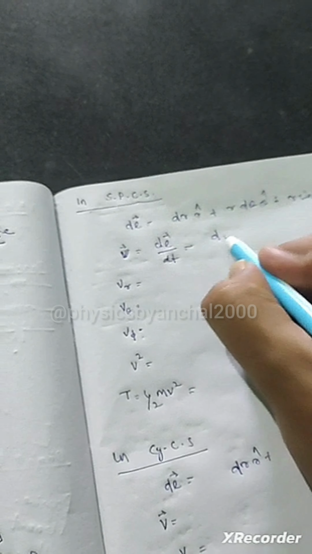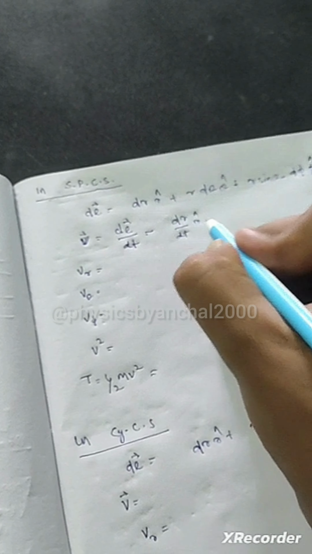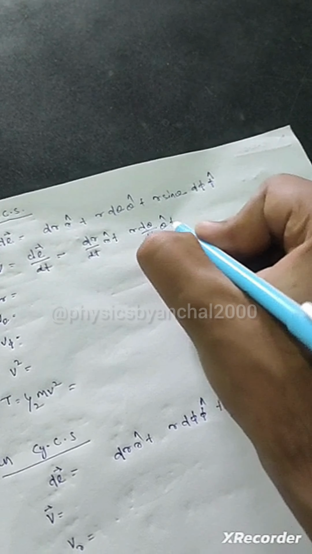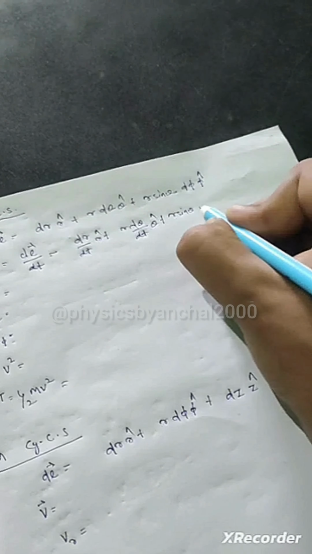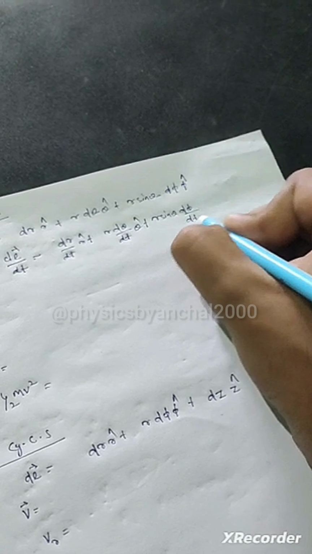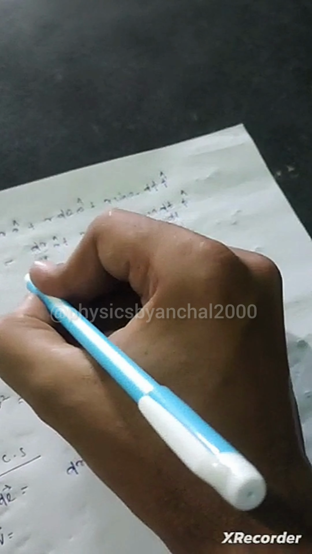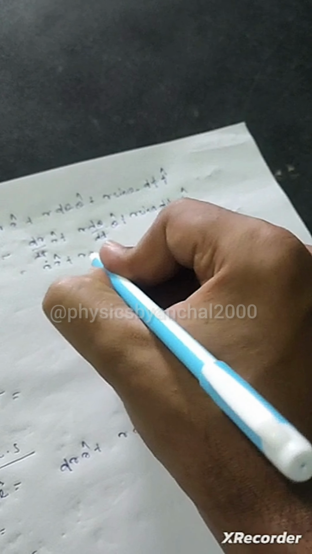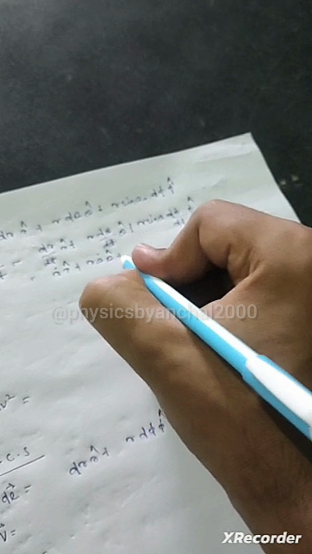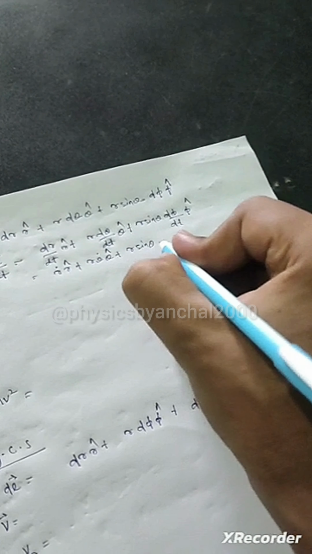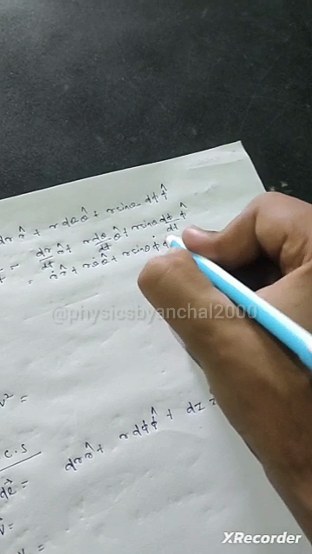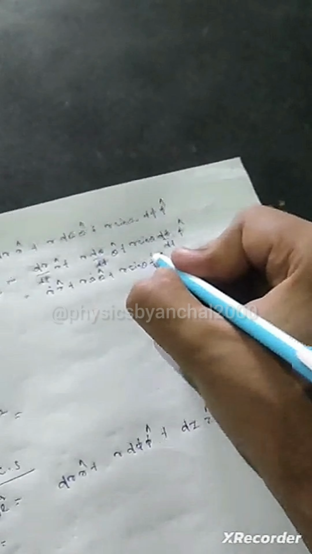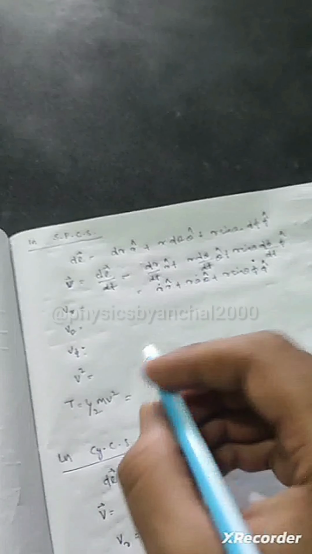It will be dr by dt r cap plus r d theta by dt theta cap plus r sin theta d phi by dt phi cap, or we can say it is r dot r cap plus r theta dot theta cap plus r sin theta phi dot phi cap. I just wrote the partial derivative with respect to t as a dot, as in classical mechanics.